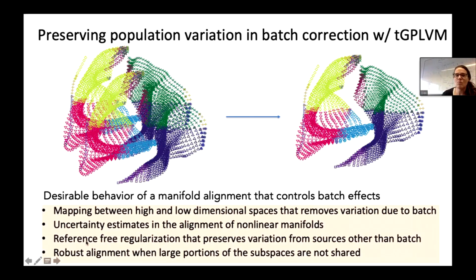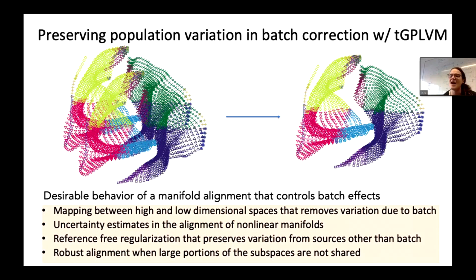The next thing that we really wanted was to allow reference-free regularization. And in particular, we want to preserve the variation in this regularization from all the sources that we know except for batch. Batch is the only type of variation that we'd like to remove. Of course, if there's variation that's correlated with batch, we may remove that as well, but that's a bigger problem.